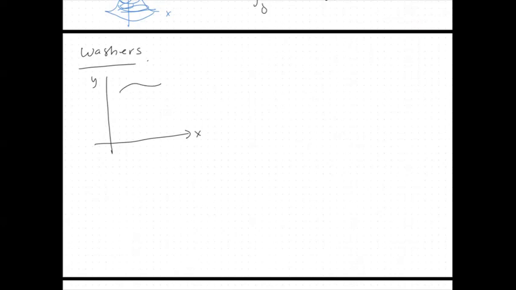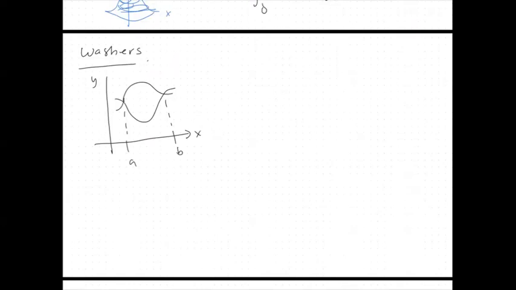So here we get two curves, and the other curve is here, and suppose this is A and this is B, and we're going to revolve it about the x-axis.